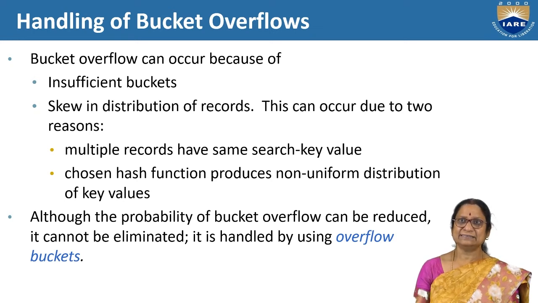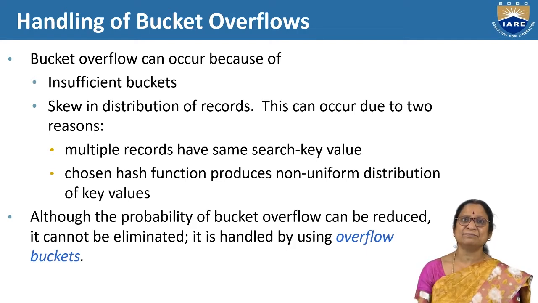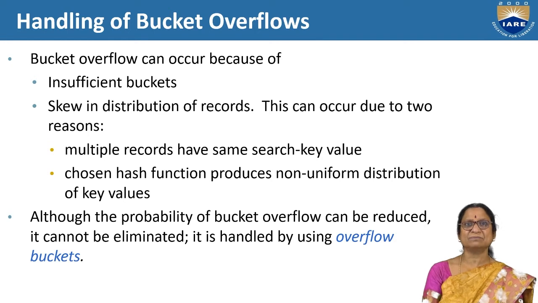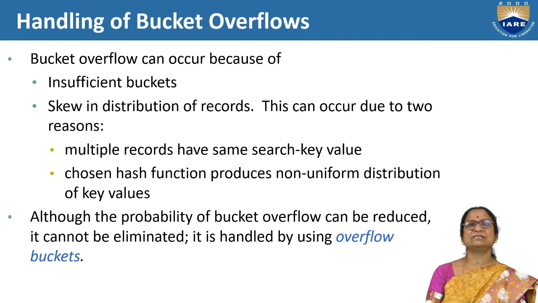This skewness occurs due to two reasons. One is that multiple records have the same search key value, so automatically we get the same bucket number. The second, as I told you earlier, is that the hash function we choose produces a non-uniform distribution of values. An ideal hash function must give a uniform distribution, but because of a non-uniform hash function, this type of skew in the distribution of records may arise.